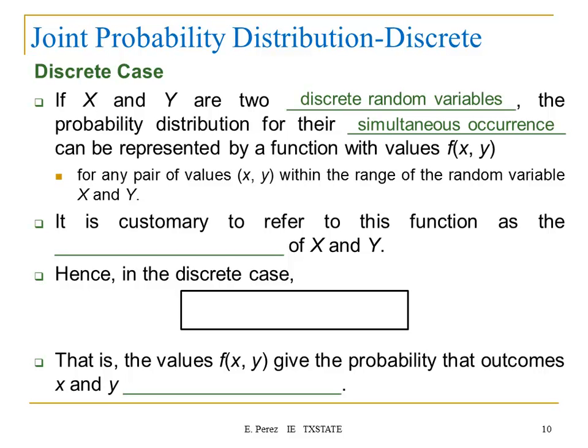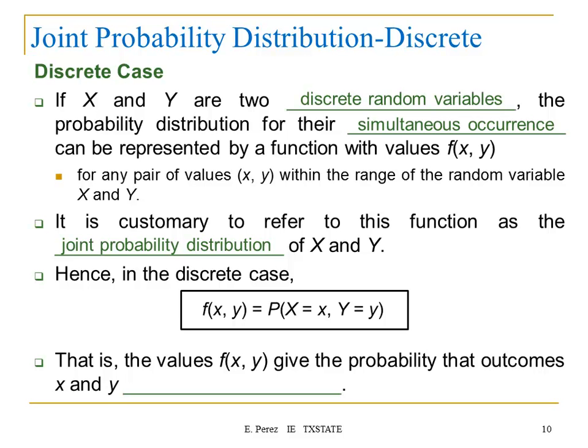Okay? So it is customary to refer to this function as the joint probability distribution of X and Y. And for the discrete case, this is represented as f(x, y), which is equal to the probability that X equals a number and Y equals another value. So it's the probability that those two events occur at the same time.